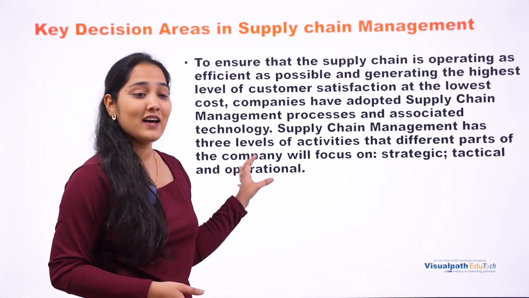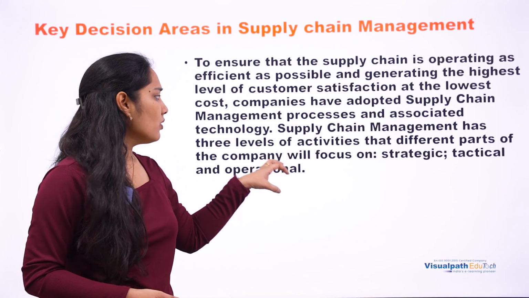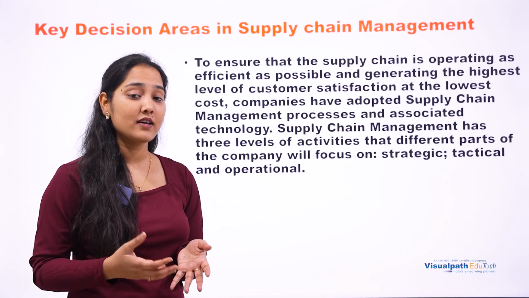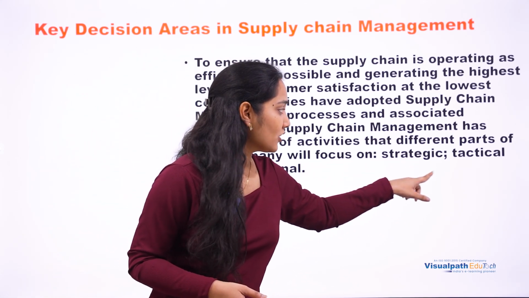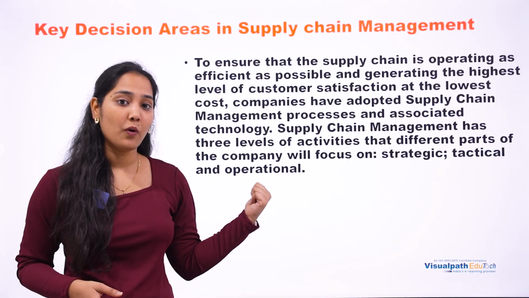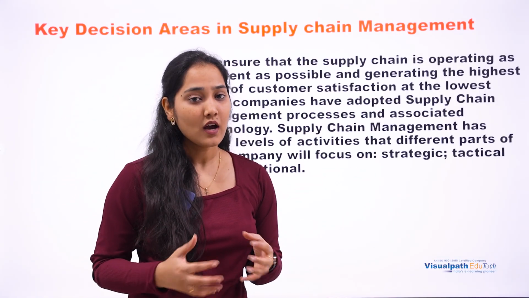The supply chain has many activities included in it, and all these activities are categorized into different structures. The main structures are strategic, tactical, and operational. These three are very vast topics. Why?